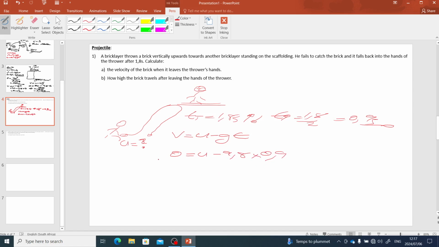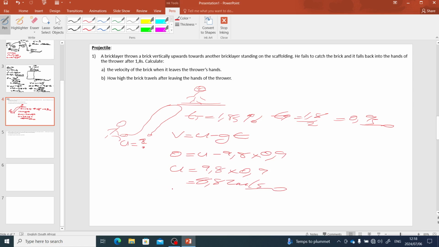When we transpose to the other side, u = 9,8 multiplied by 0.9. Then we get our answer as the initial velocity of 8,82 meters per second. Please verify that with me.